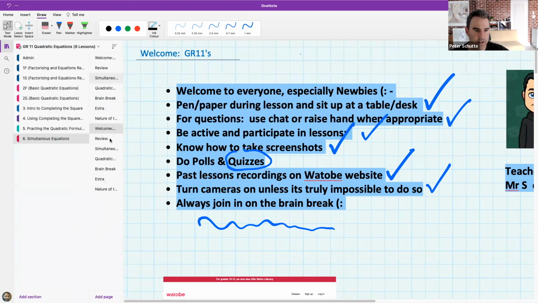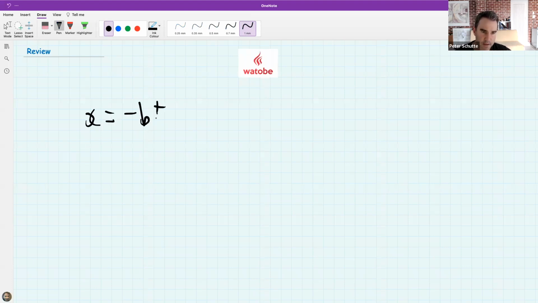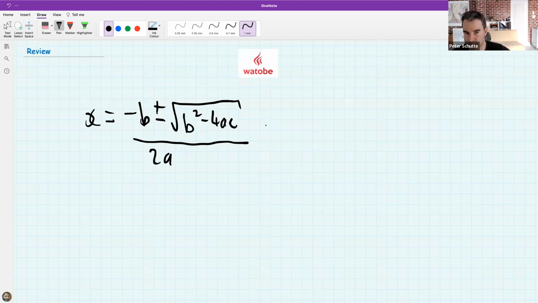Okay, let's get started. In the last lesson, we spent most of our time understanding how to use the quadratic formula. There are different ways of using it, and if you are comfortable doing it in 2 steps and getting the right answer every time, awesome. You just have to be getting the same answer as me every time.